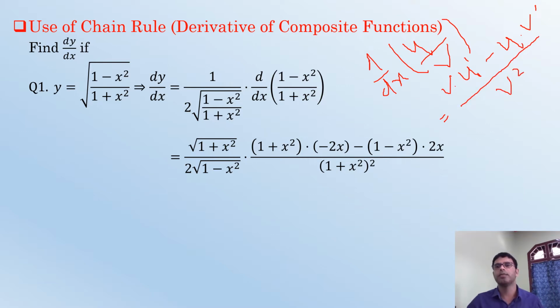This is the formula. So in this case the denominator is (1 plus x square) squared, then the denominator, that is v, which is 1 plus x square, into d/dx of the numerator, which is simply minus twice x. This is a compulsory minus, then the numerator u into d/dx of the denominator, which is twice x.